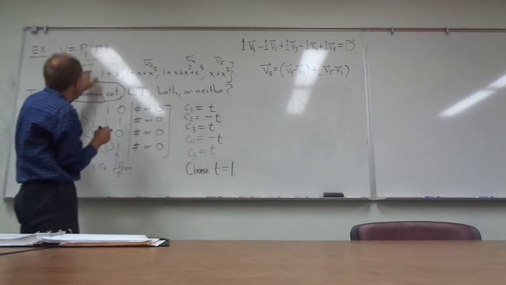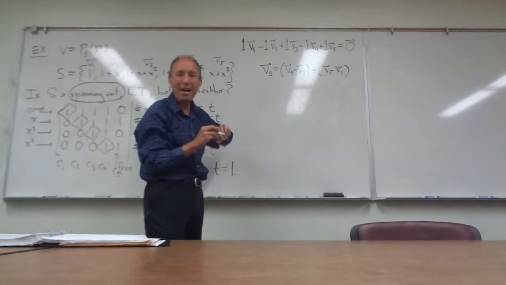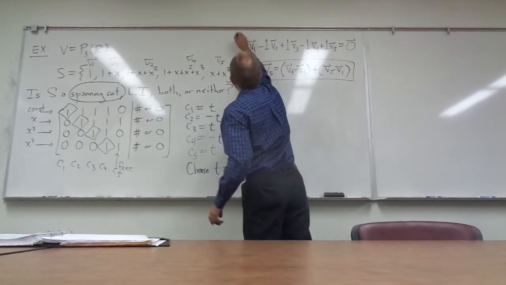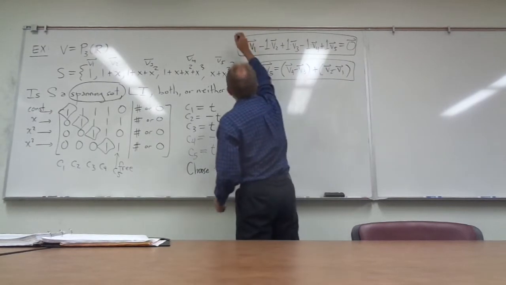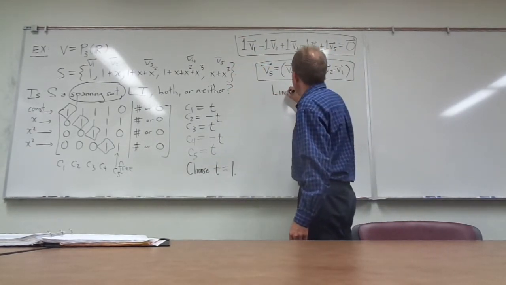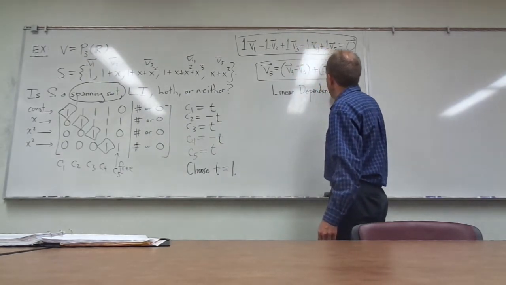And V2 minus V1 is exactly x. So sure enough, that's what V5 is, right? These are called linear dependencies, right? So you're writing down a linear dependency in this case.